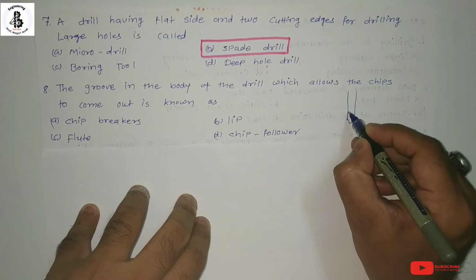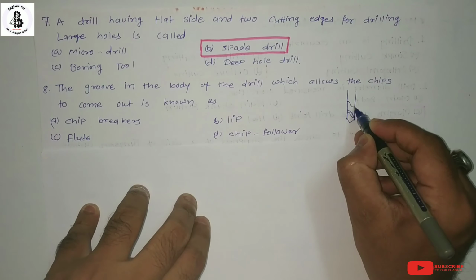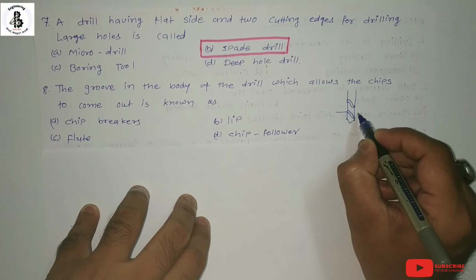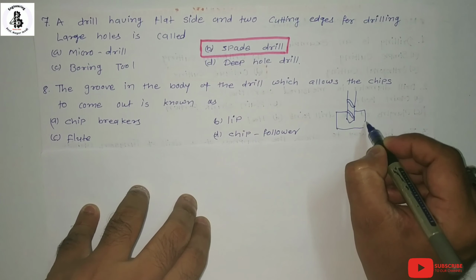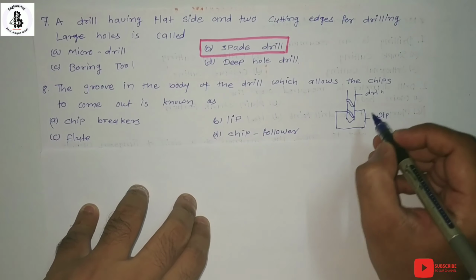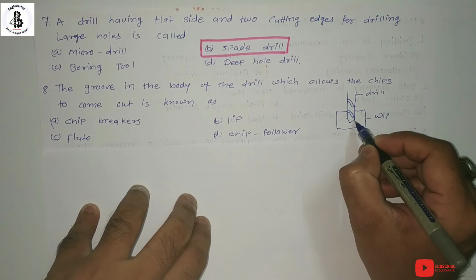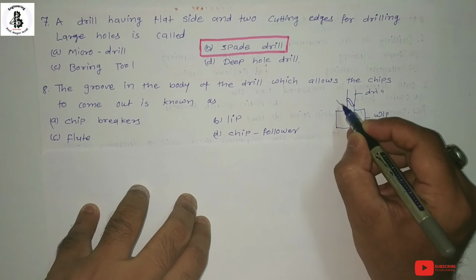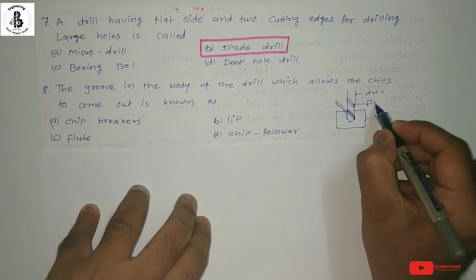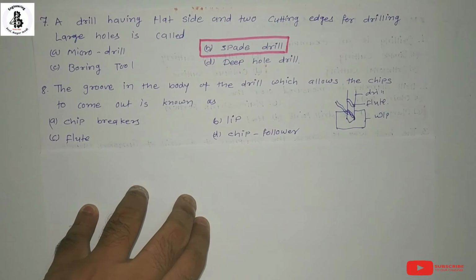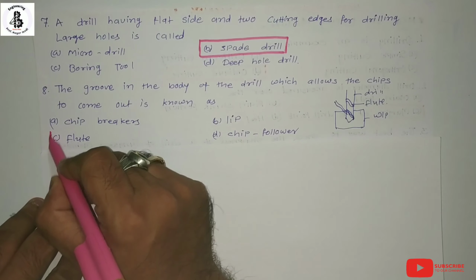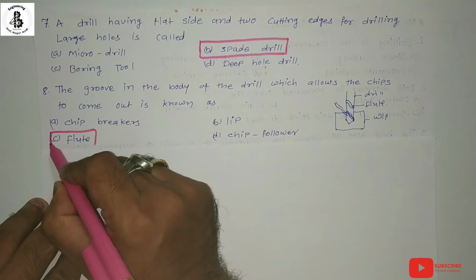Such a shape is provided on that drill. In the cutting operation, the removed material, so this is our workpiece, this is our drill bit, by cutting that particular material, it will come out through this. So this is called a flute. So the right answer is that the groove is called the flute of the drill bit.